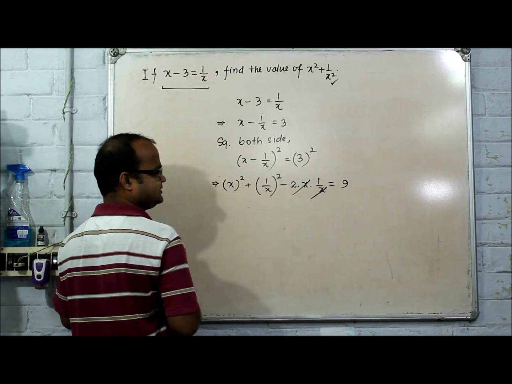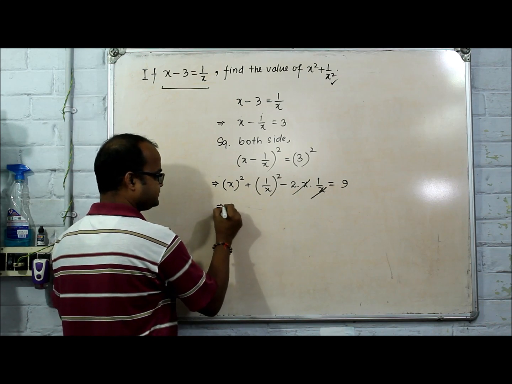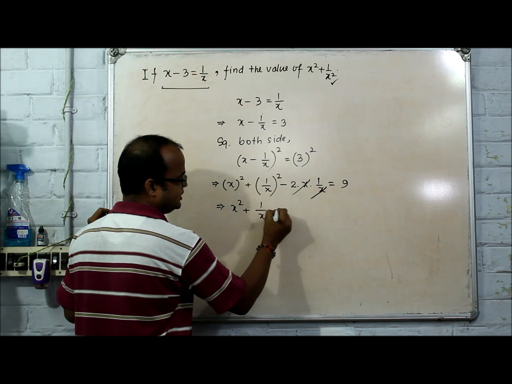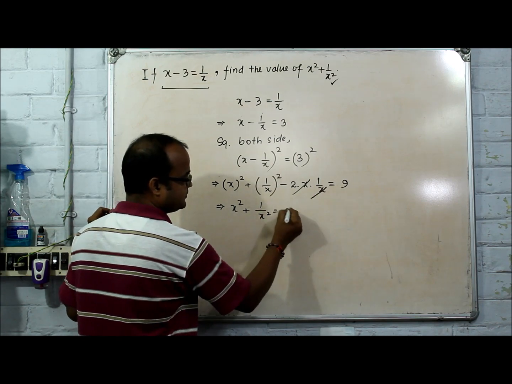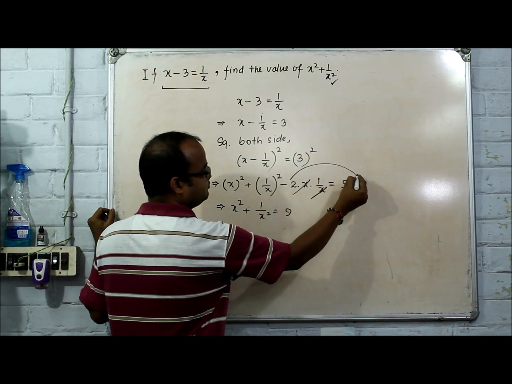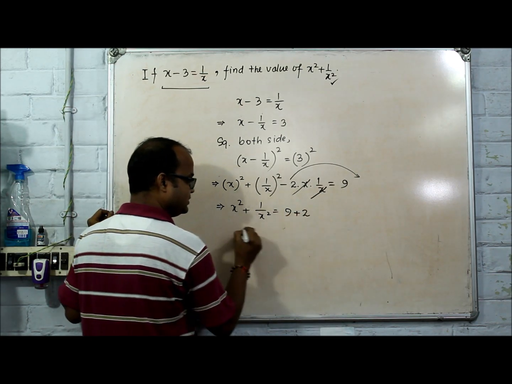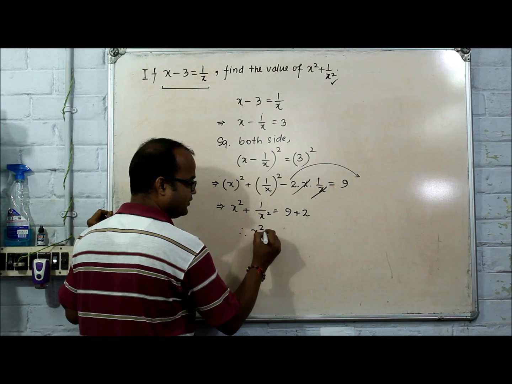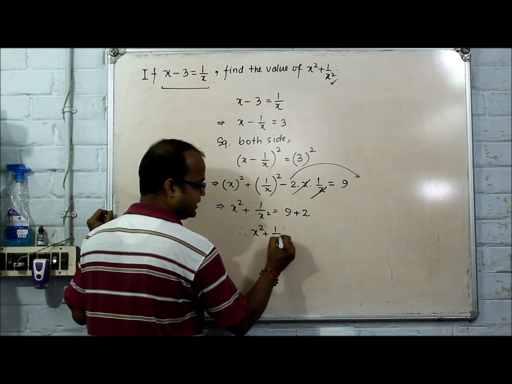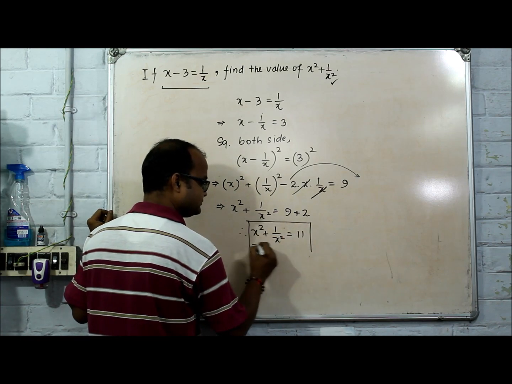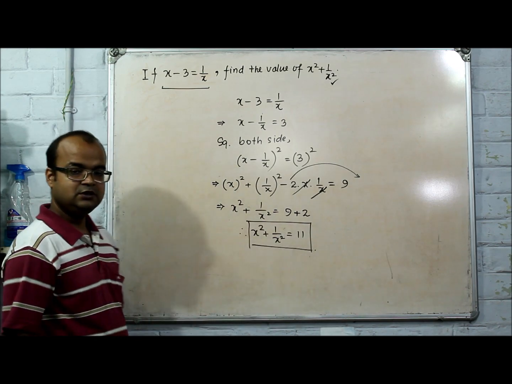This x and this x get cancelled. So you get x square plus 1 by x square minus 2 is equal to 9. And if you take this minus 2 to the other side, it will become plus 2. Therefore, the value of x square plus 1 by x square is equal to 11. Clear?